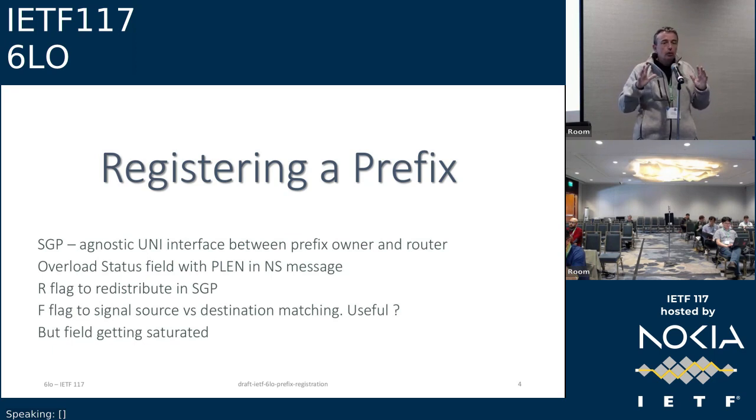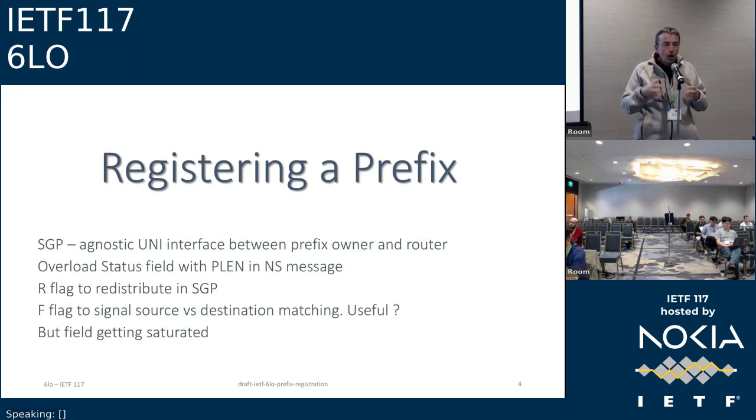So the normal use case of a prefix registration is like SNAC. I'm a router. I own this prefix, and I just want the other routers to give me the traffic, or eventually to inject it in the SGP, so I'm receiving the traffic from farther away. But now there is another use case which reverses that picture.